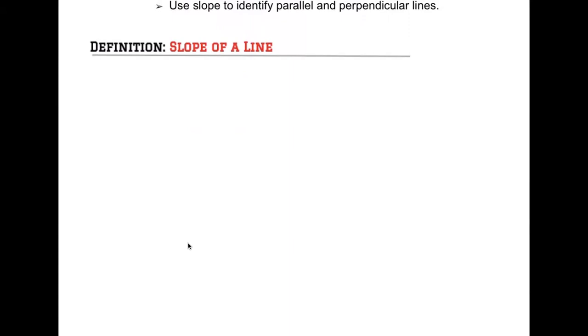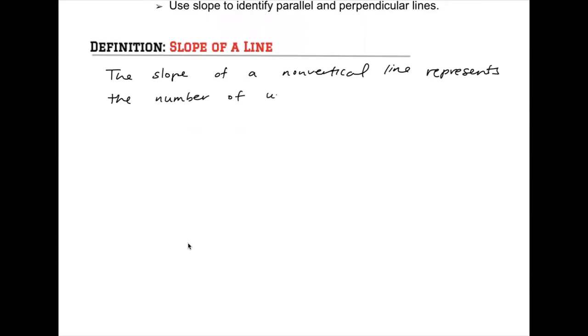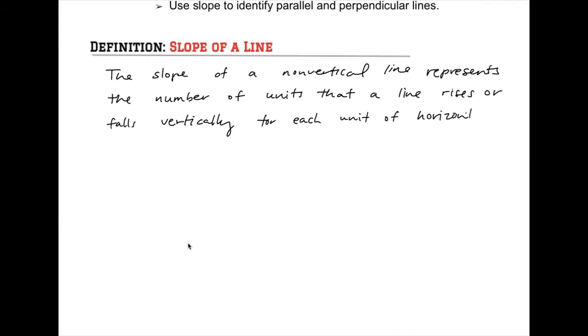In general, the slope of a non-vertical line represents the number of units that a line rises or falls vertically for each unit of horizontal change from left to right.